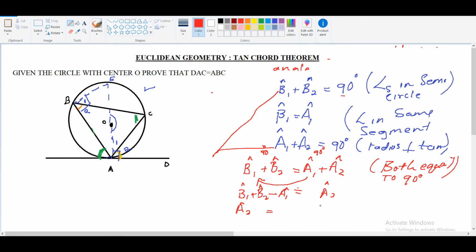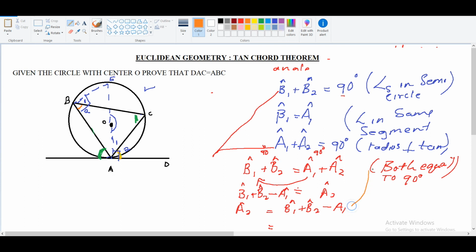It doesn't matter whether you write it like this or like this, it is the same thing: B1 plus B2 minus A1. Now you go back and ask yourself, which angles do I need to relate? The angles we are relating here are A2 and B2. Now, which angles are not there? B1 and A1, they are not part of our problem.